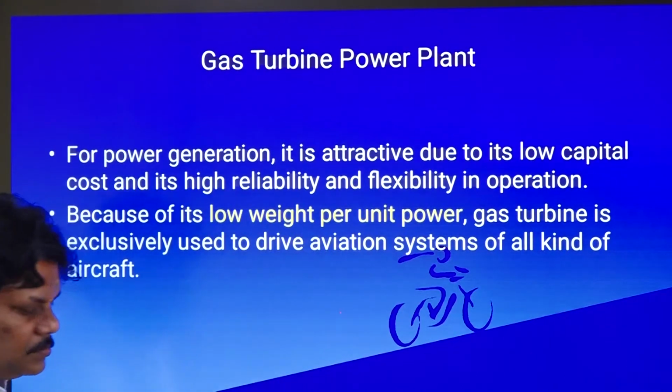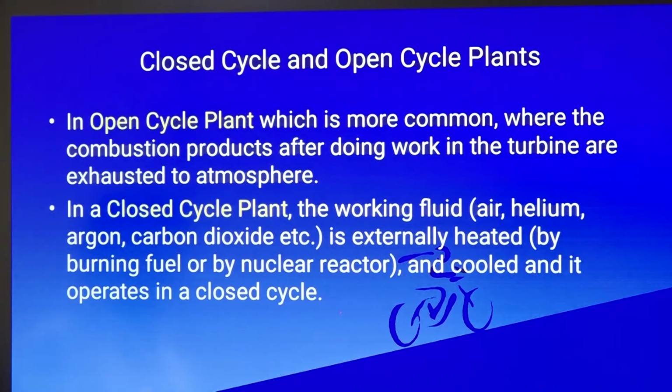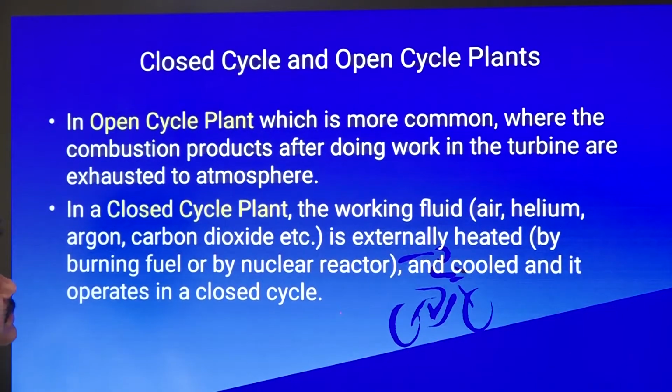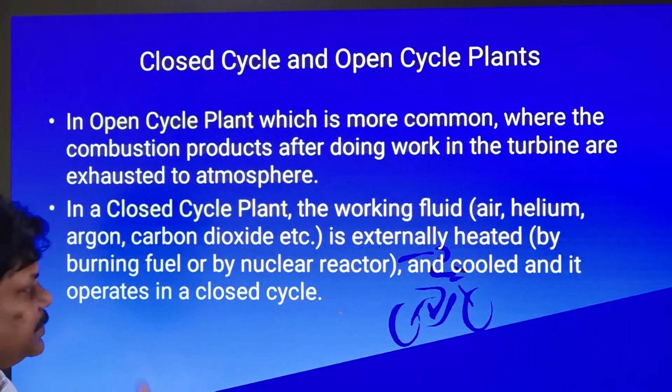Right, the next is the closed cycle and open cycle. One is the open cycle, which is more common, where the combustion products, after doing work in the turbine, are exhausted to the atmosphere.